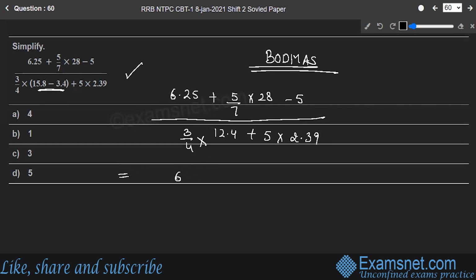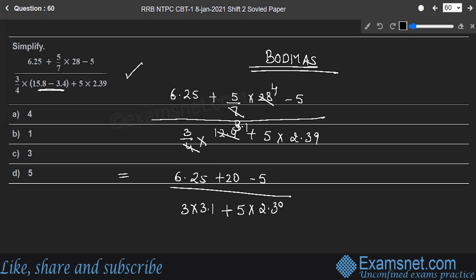Next, solving it, 6.25, 5 multiply 28 divided by 7. This will be like cutting down at 4 and you will have 20 over here minus 5 whole divided by. Now 3 by 4 multiply by this, you will have 3.1. So this will be 3 multiply 3.1 plus 5 multiply 2.39. Now let's multiply both of them. And in the numerator, I'll add both of them.